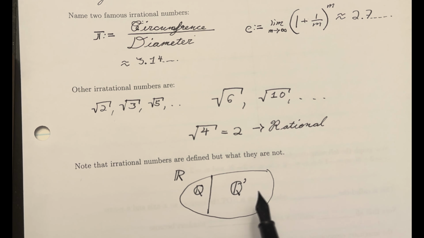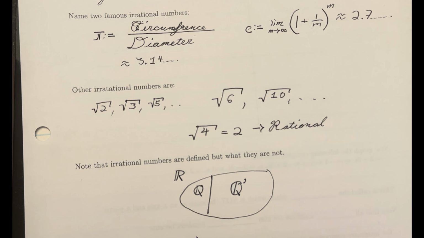That's because it actually can be shown that there are infinitely more irrational numbers than there are rational numbers. But regardless, the set of real numbers will be simply the union of the set of rational numbers with the set of irrational numbers.